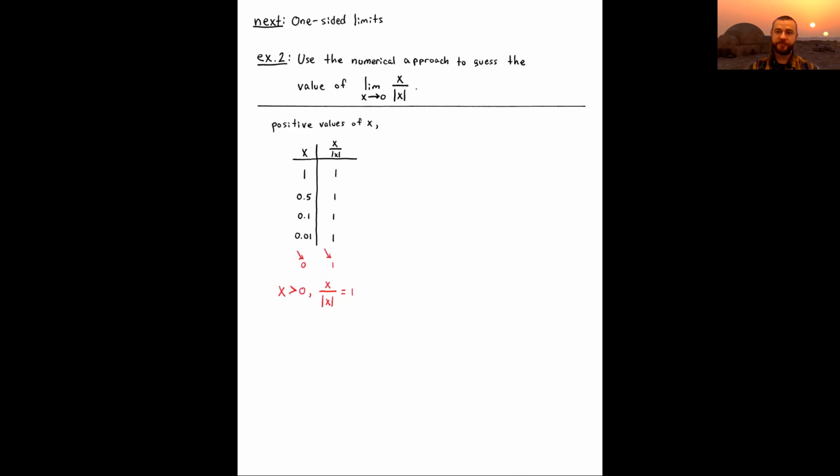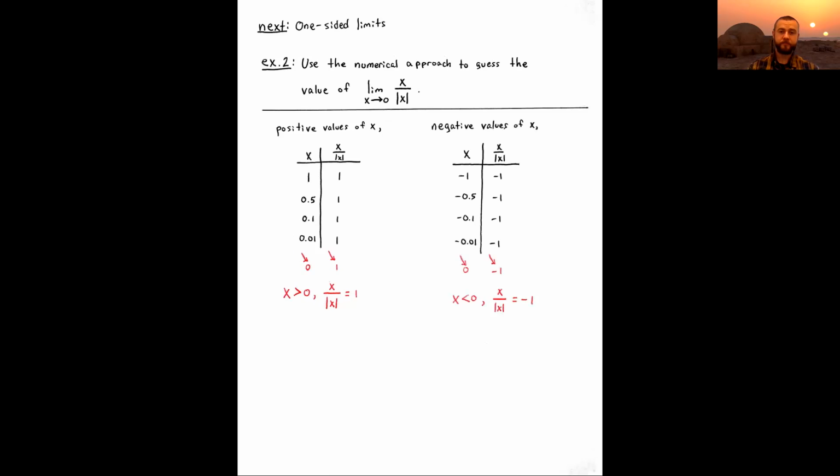Well, let's see what happens if we approach 0 through negative values for x. Negative values for x, compared to 0, are just to the left of 0. All right, now something different happens. Think of what happens with the absolute value of a negative number. For instance, the absolute value of -5 gives you +5.